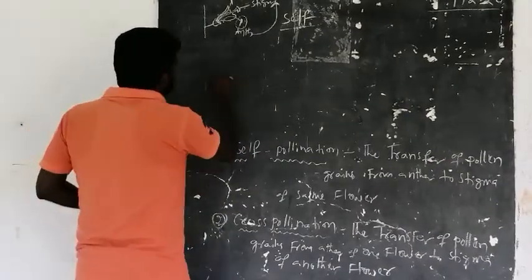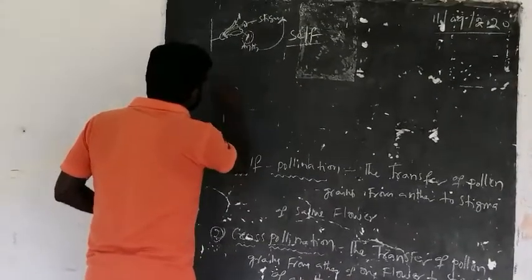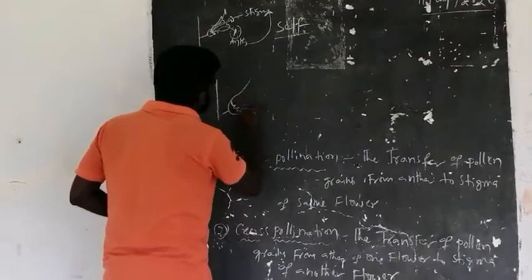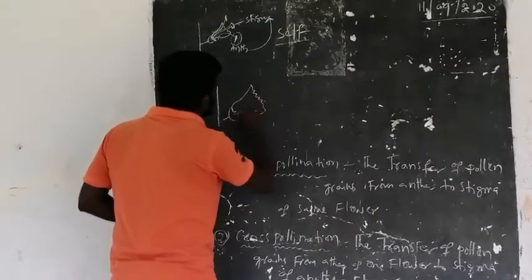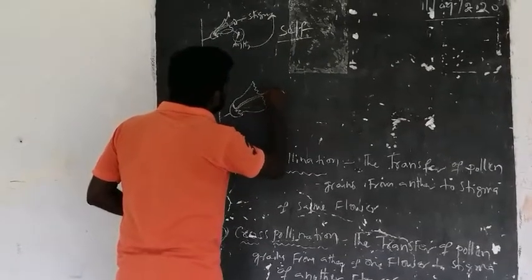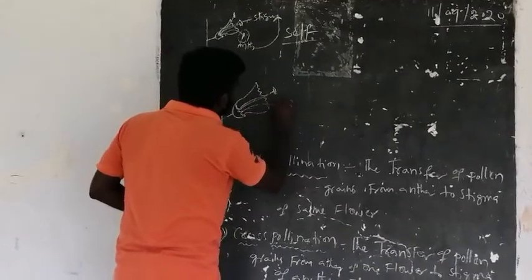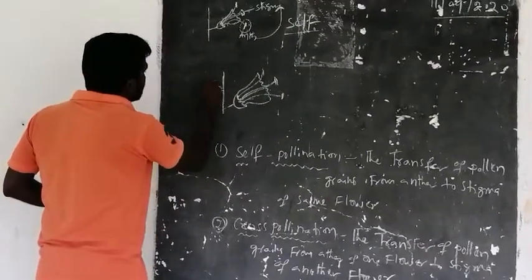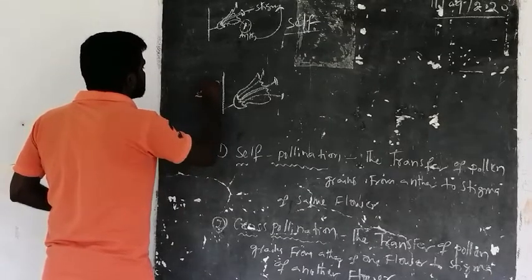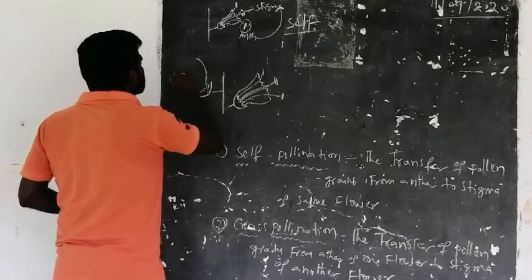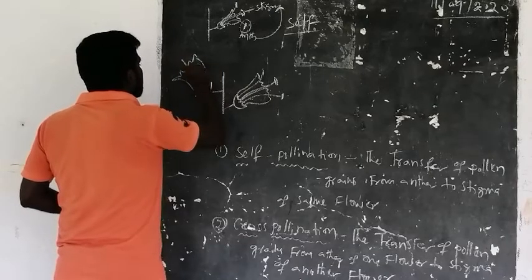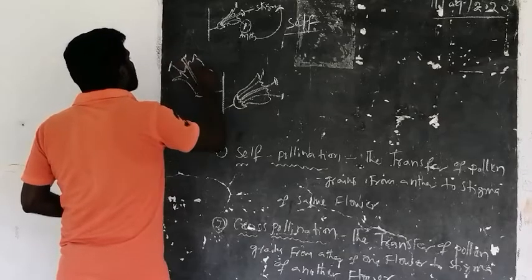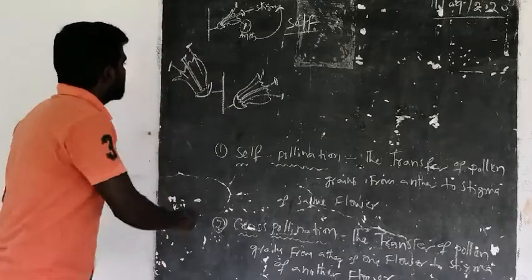For example, this is the flower, and this is the stigma, and these are anthers, and here one more flower is there, with its stigma and anthers.